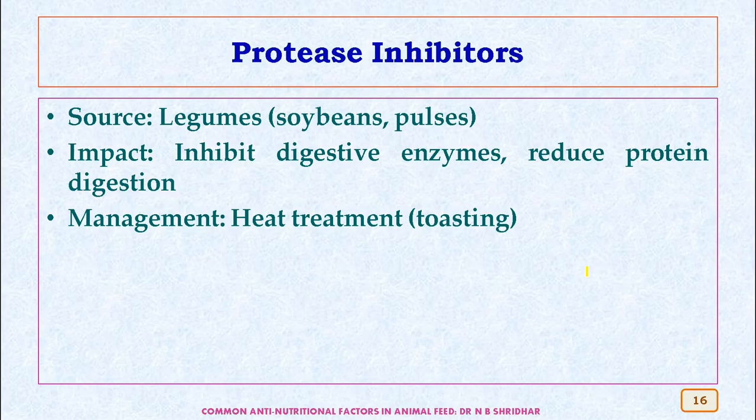And we have discussed this already. They are going to inhibit a variety of digestive enzymes. Apart from this, they also reduce protein digestion. So they enter the stomach or the system of the animal and reduce the further absorption of the nutrients, especially where digestive enzymes need to act.